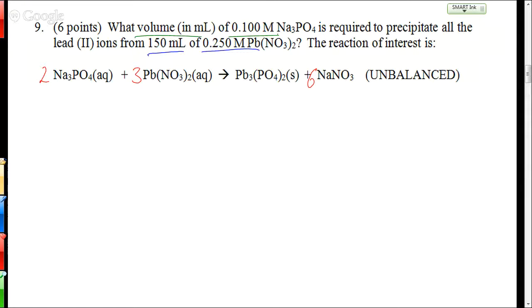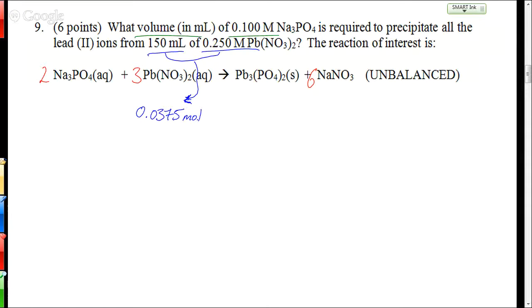So let's do what calculations we can, and we can figure out that 150 milliliters of 0.25 molar lead nitrate is 0.0375 moles.